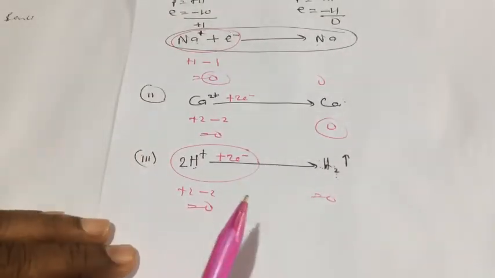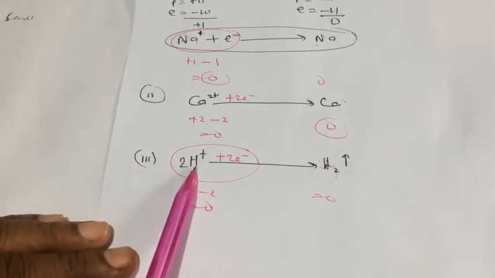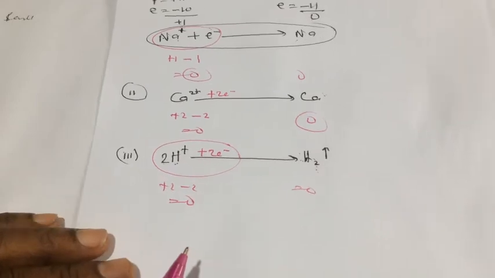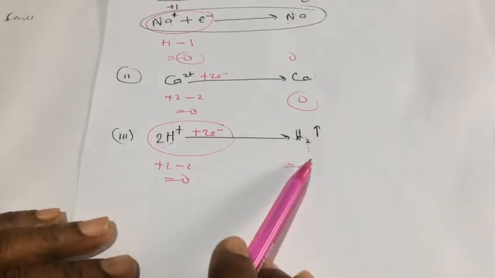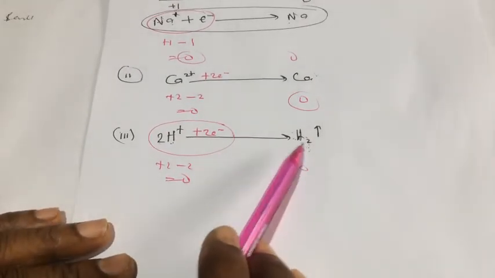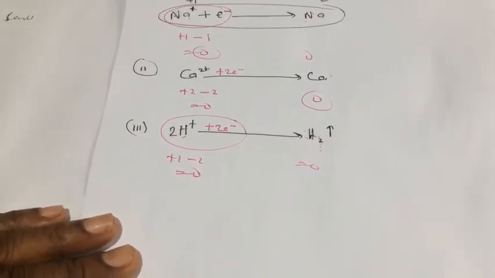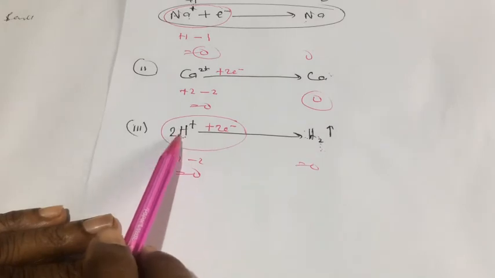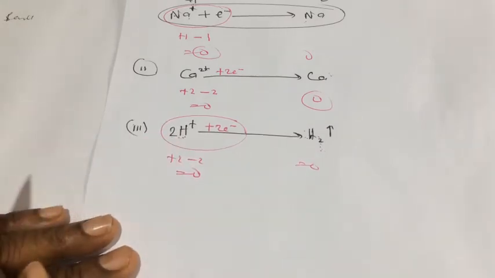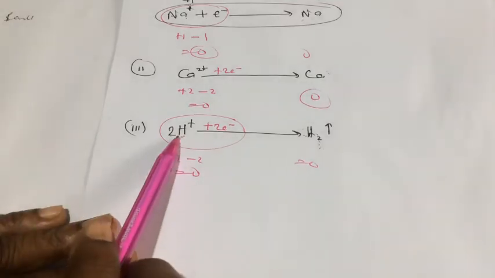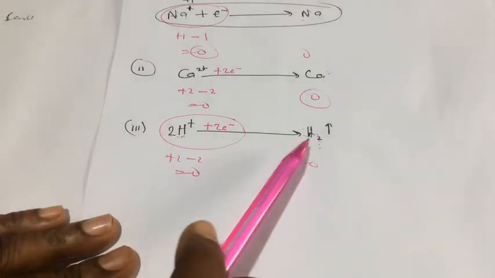Hydrogen ion is discharged at the cathode as hydrogen gas. If you look at hydrogen closely, you see that the only gas you find around the cathode is hydrogen gas. Hydrogen ion is the only cation that is not a metal. It gets to the cathode and is discharged as hydrogen gas.